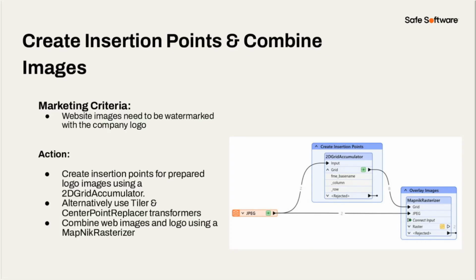Once we've created our insertion points, we're going to use a Mapnik rasterizer to replace each point with a logo. The Mapnik rasterizer gives you fine control over symbolization and labeling using the Mapnik toolkit, so it's really an asset here. Alternatively, from using Mapnik, you could have cloned the image, extracted the point coordinates, and then offset each logo to their respective XY. So let's take a look at how this is done in FME.